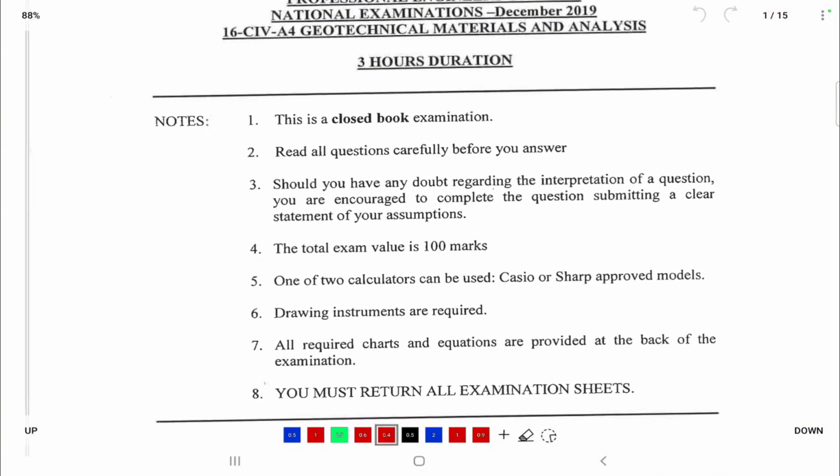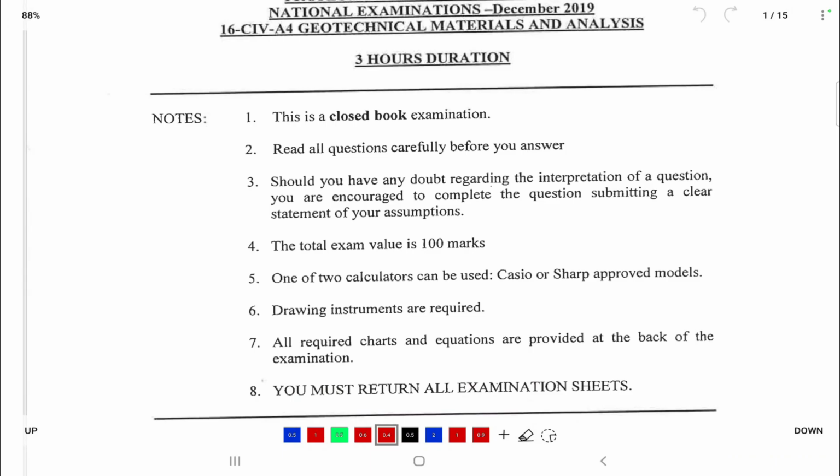So these are notes for candidates you can go through before you start solving.